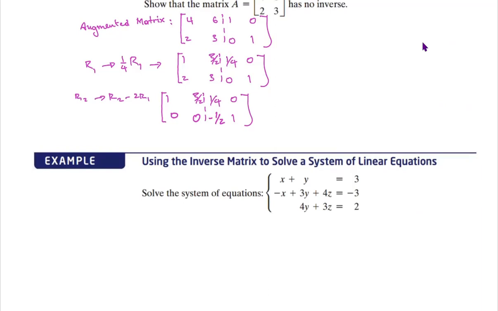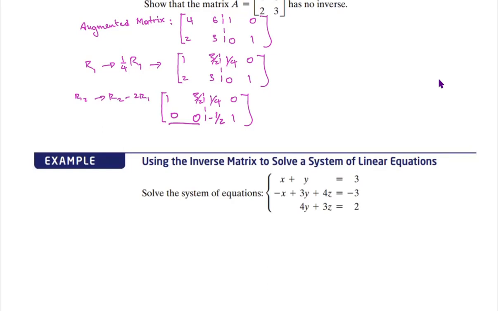Now, looking at this, the fact that you have zeros all over here means these lines are a linear combination of each other.